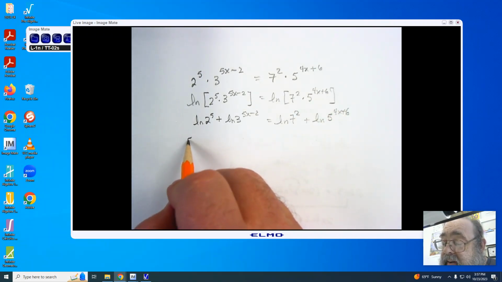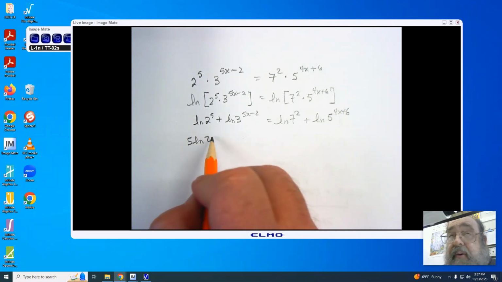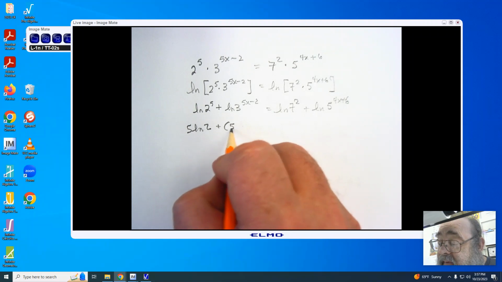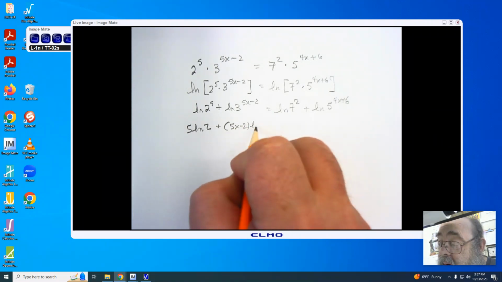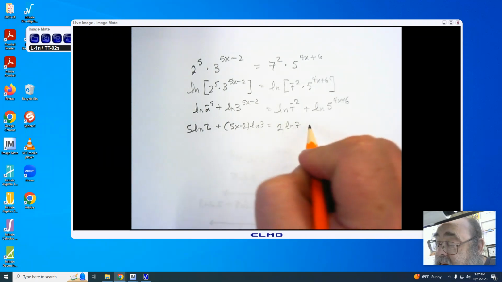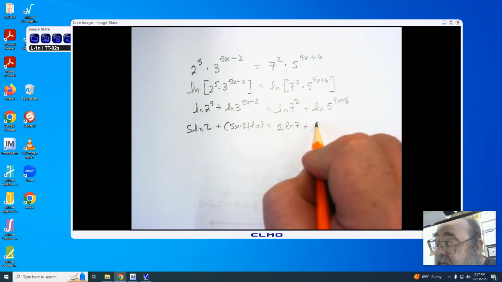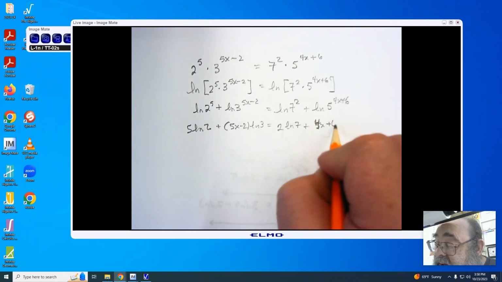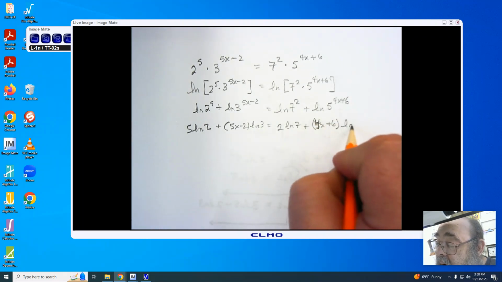Power moves in front. 5 natural log of 2 plus 5x minus 2 natural log of 3 equals 2 natural log of 7 plus 4x plus 6 natural log of 5.